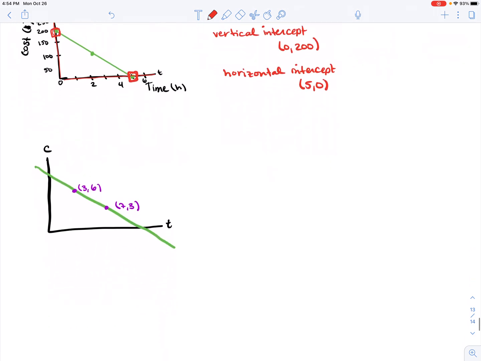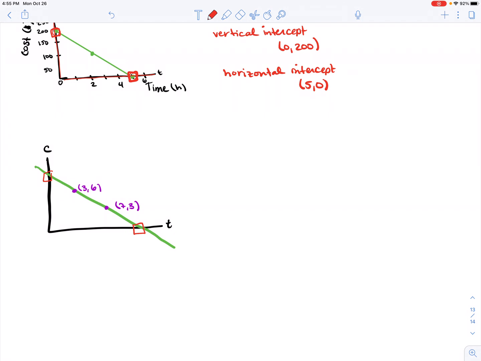Now what happens if we're given points that are not on the axis? So here's another cost time graph, and I've been given 2 points, 3, 6 and 7, 3. How am I going to find what this value is and what this value is, where they cross the axis?